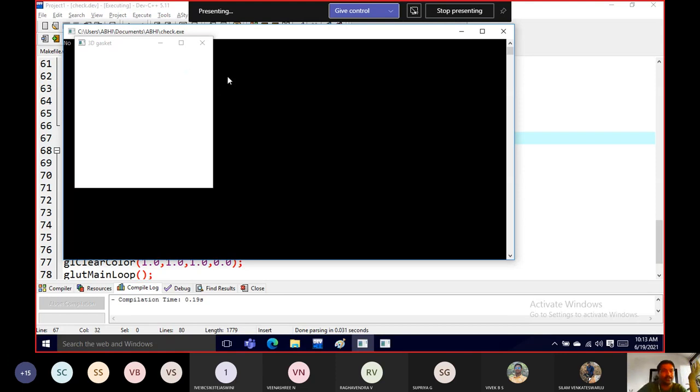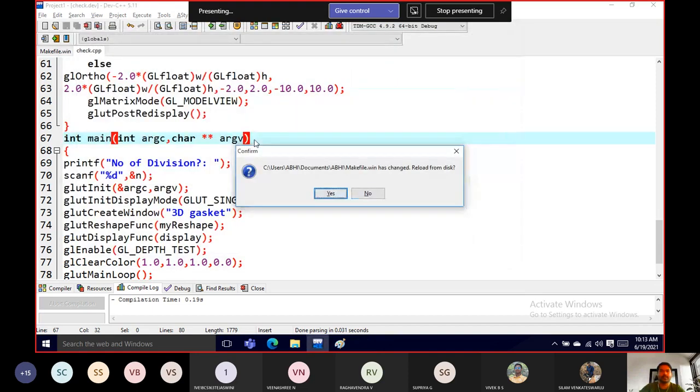See, I didn't get the output, but still it is doing its job. It is still calculating, right? That's why I told you to restrict your number of divisions to 0 to 5 so that you can at least explain to the examiner how exactly the program looks. All right. So yeah, it will not come so soon. So what I'll do is we'll close it.